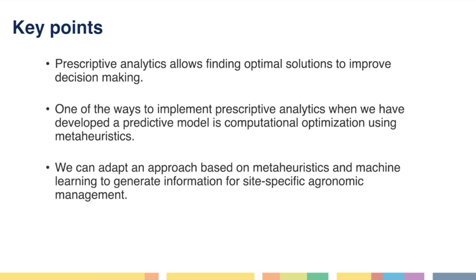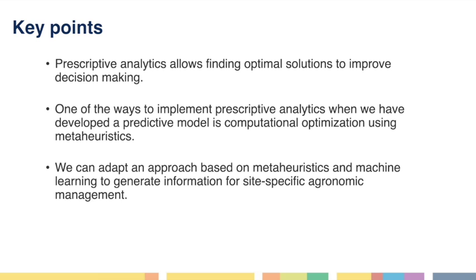Key points of this presentation: we're able to define the concept of prescriptive analysis, and we know that what allows this analysis is to find optimal solutions for improving the decision-making process. We identified also that one of the ways to implement that prescriptive analysis would be computational optimization, and among these we have the meta-heuristics.